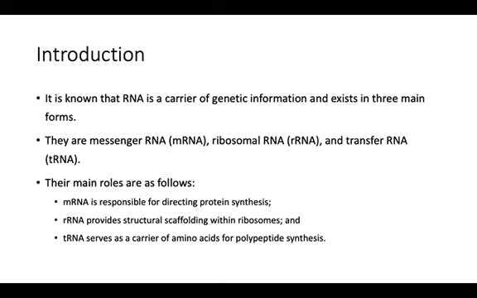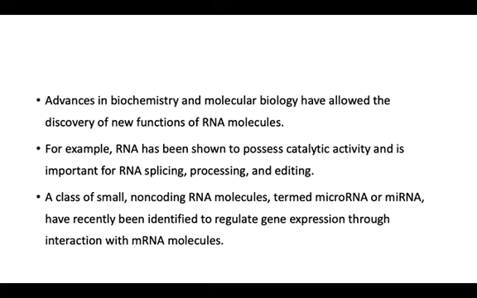Ribosomal RNA provides structural scaffolding within ribosomes, and transfer RNA serves as a carrier of amino acids for polypeptide synthesis. This is a very basic concept of RNA, just to refresh your knowledge about basic molecular biology and the different types of RNAs.